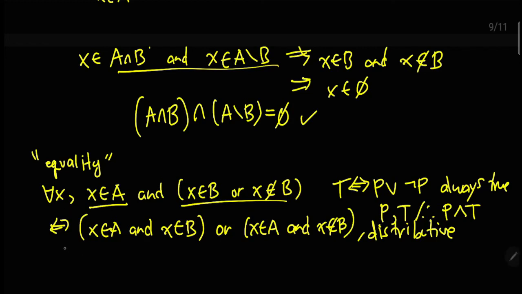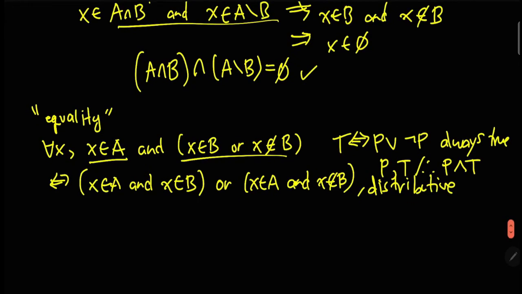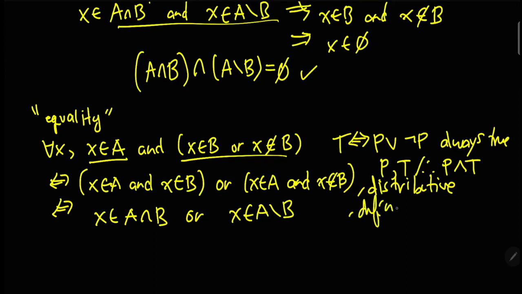But as you can see, this statement is actually equivalent to the first compound statement, which means x is in A intersection B. And the second statement means x is in A except B. So the first one is the definition of intersection and the second one is the definition of complement.